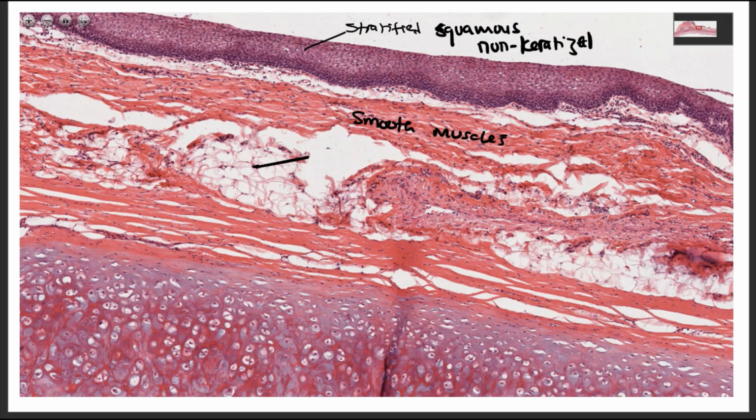This pale staining structure here is just adipose tissue. And then this part here is elastic cartilage. This is just the perichondrium, the connective tissue of the cartilage. So this is how the epiglottis looks, and this is how you should identify it.